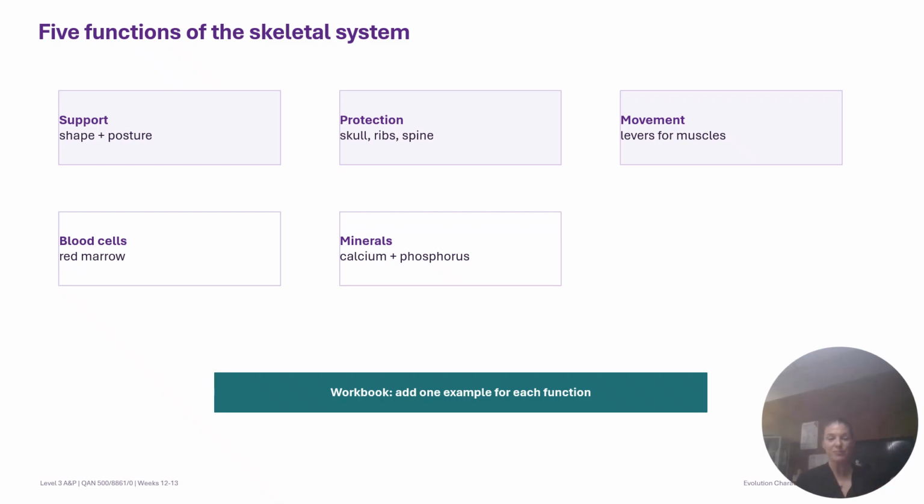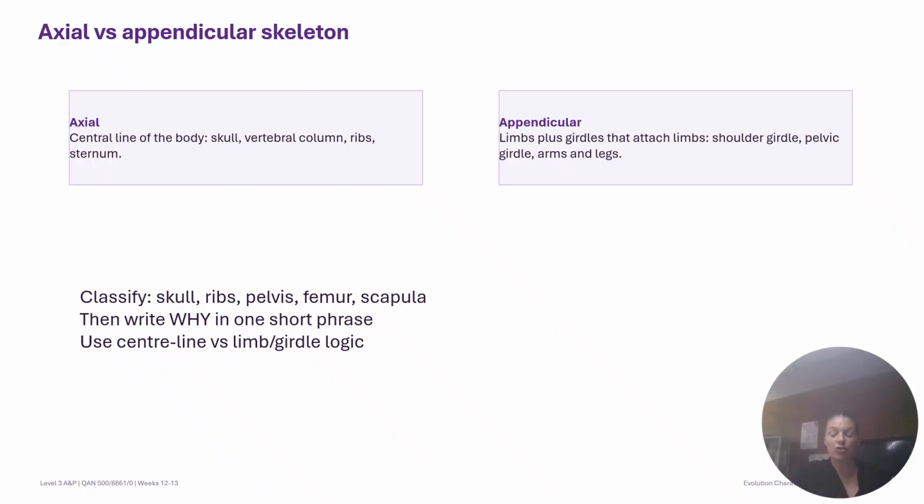The next thing in your exam is the axial and the appendicular. So, the axial, central line of the body. I used to get this wrong in every exam I did 20 years ago.